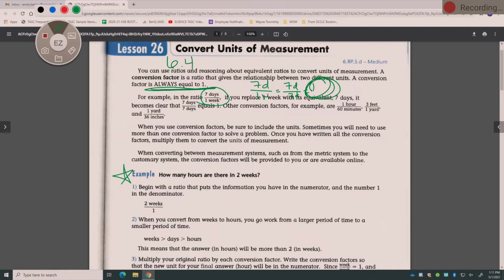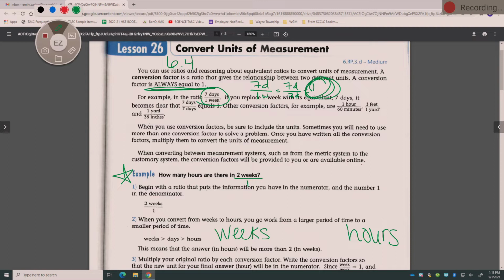Okay? So if we look down at this example, how many hours are there in 2 weeks? Well, the first thing we need to do is create our first fraction. And we do that by putting the number they want us to find out, the 2 weeks, over 1. And then we need to figure out, how do I get from weeks to hours? There's something in the middle here, right?